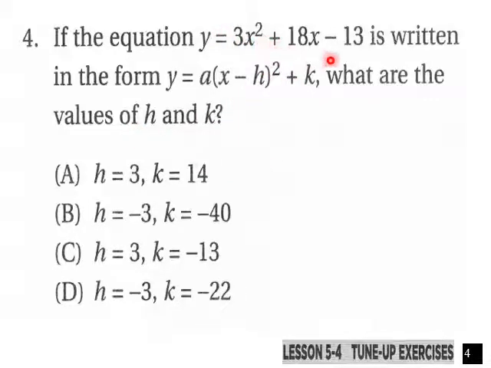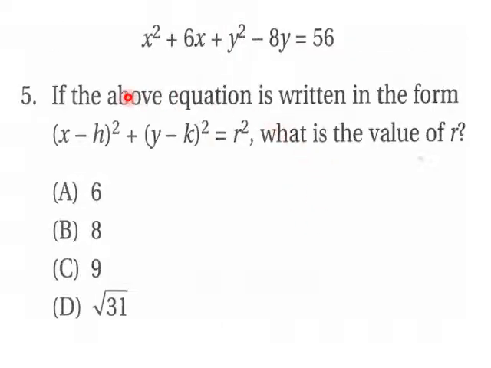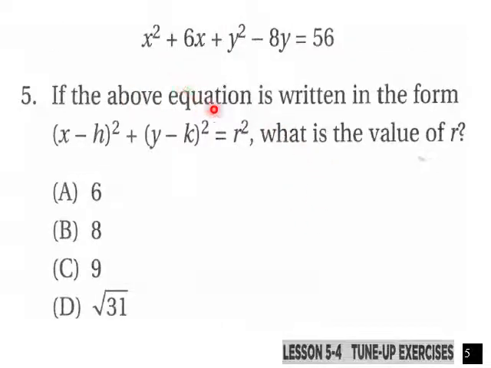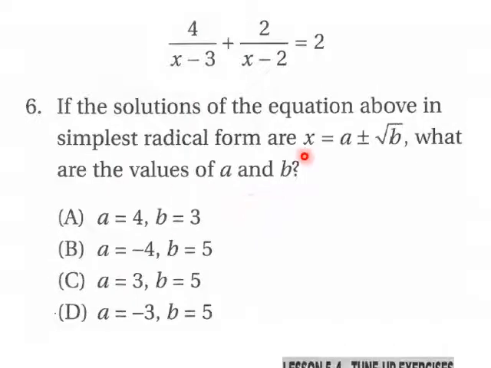So you have to factor this down to find that. Number five, if the above equation is written in the form like this here, x minus h squared plus y minus k squared equals r squared, what is the value of r in this situation here? So that's a good question.